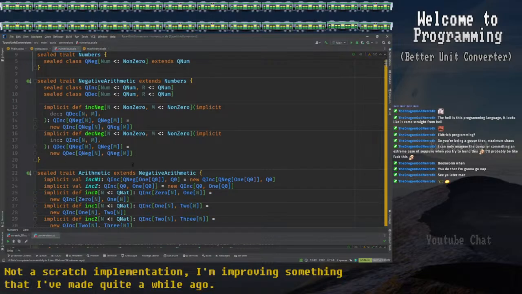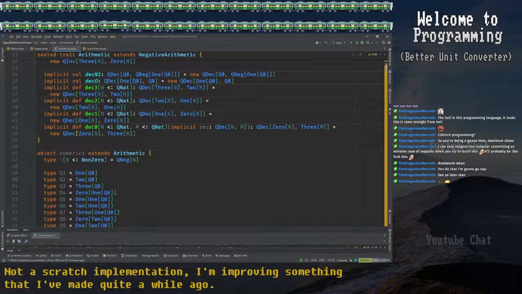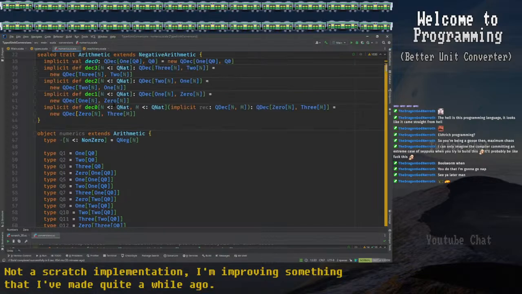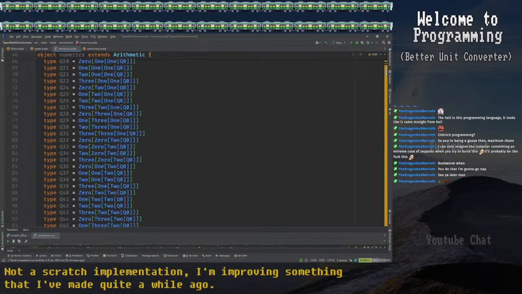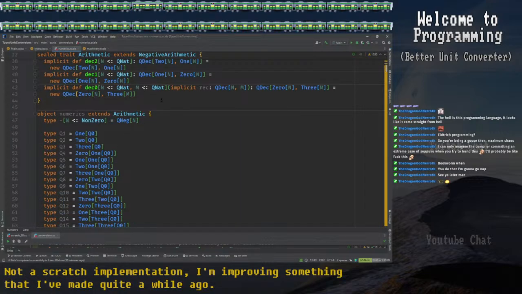Yeah, I'll just assume this works. Oh boy, everything is chugging. Let's just put it that way. I don't think we need addition. I think this is good enough. I hope.